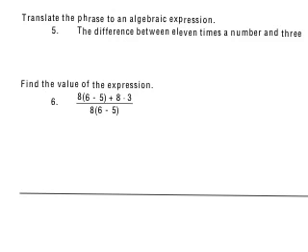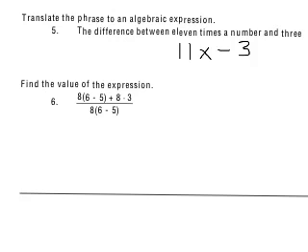So in this case, 11 times a number comes first before 3. So the difference between 11 times a number would be 11x, or some other variable would be fine, 11x minus 3. That's the difference.